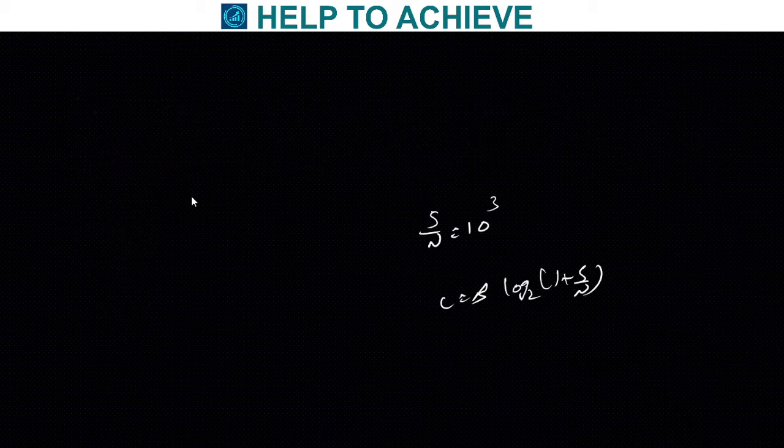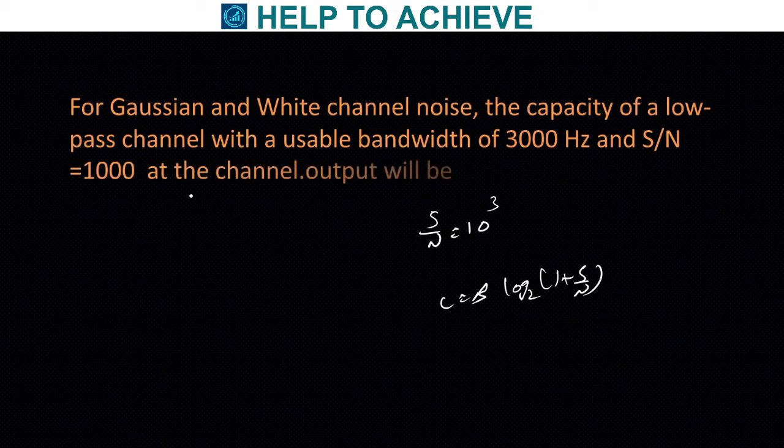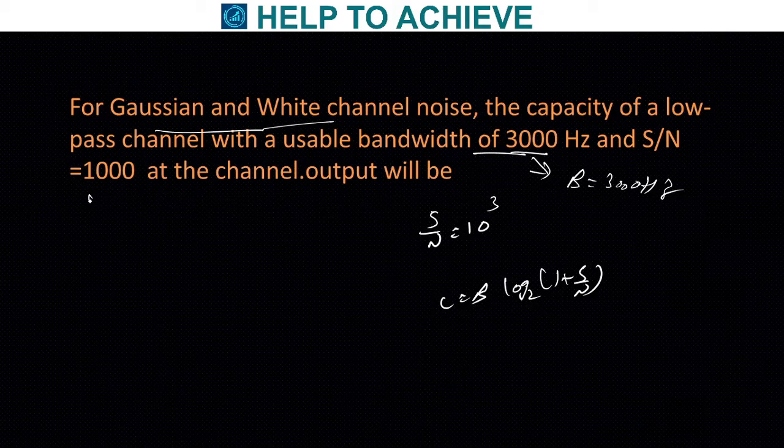Next. For a Gaussian and white channel noise, the capacity of a low-pass channel with a usable bandwidth of 3000 Hz. So bandwidth has been given as 3000 Hz and the signal to noise ratio has been given as 1000, which is 10 to the power of 3. Then the channel output will be... the channel output is nothing but the capacity of the channel.